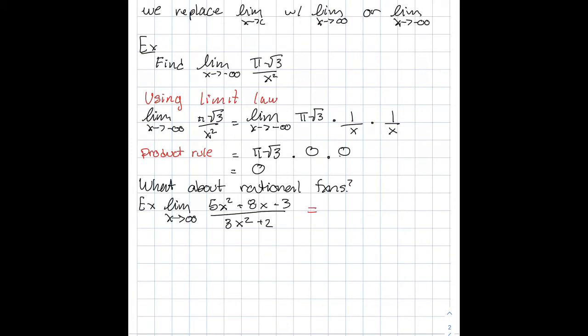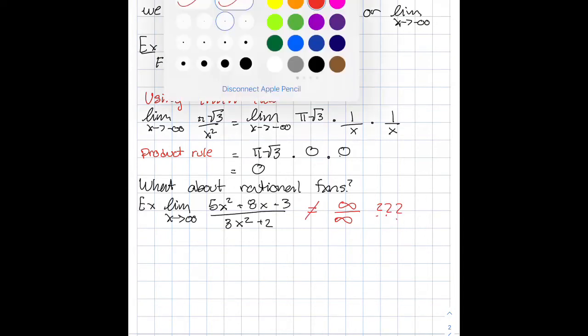Well, if I plug infinity in for all of those like I would normally if it was any number, I'd get infinity plus infinity minus 3. Well, that's going to give me a big number plus a big number is still a big number. So infinity. And the bottom again will give me infinity plus another number, which is still infinity. What? Infinity over infinity? That doesn't make sense. It actually doesn't equal that.